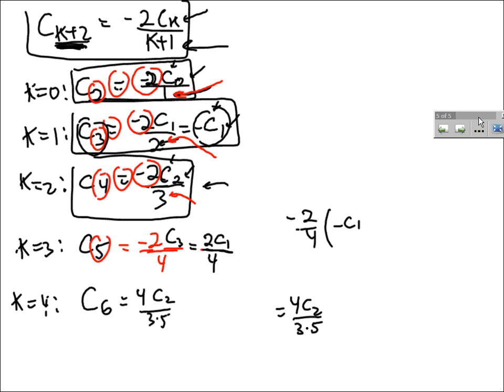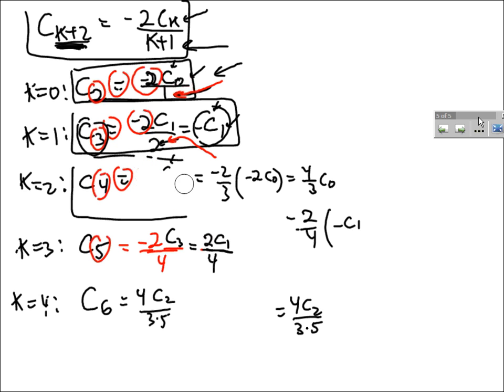Now, when it comes to C sub 4, it equals negative 2/3 times C2. But I didn't realize we have C2. It's negative 2C0. So we get 4/3 C0. So C sub 4 is equal to 4/3 C sub 0.